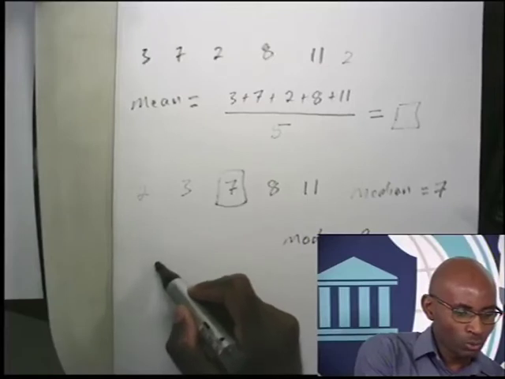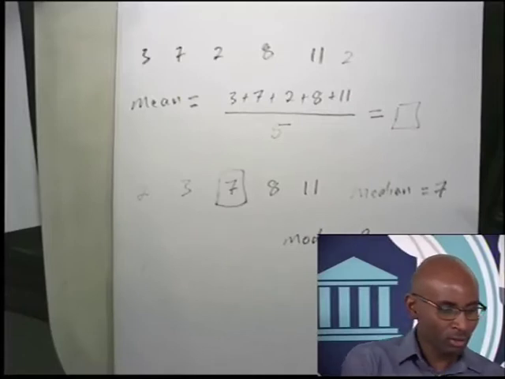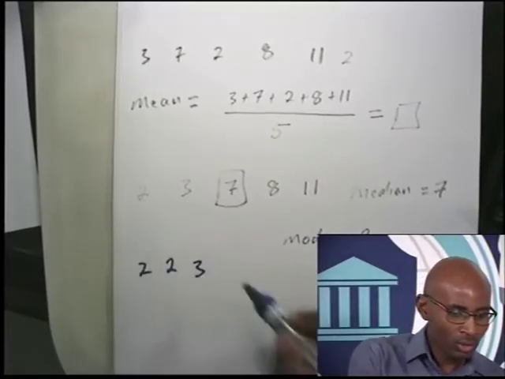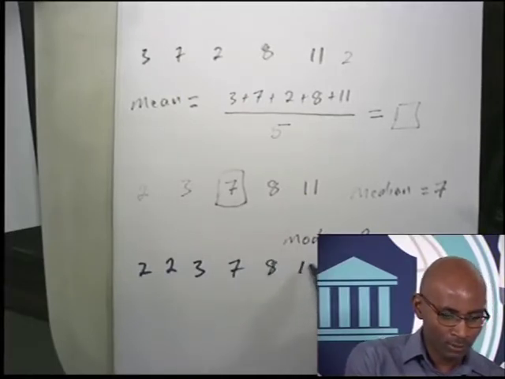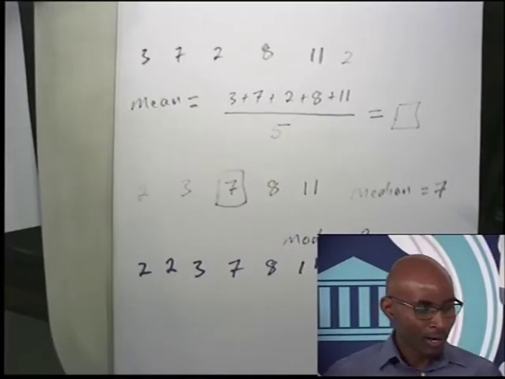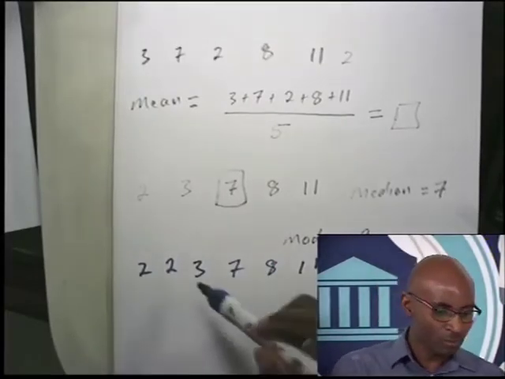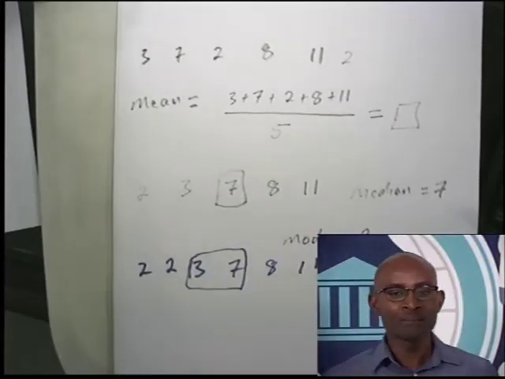we have 2, my marker seems to be misbehaving, then you have 2, 2, 3, 7, 8, and 11. Now, we don't really have an exact middle number in this case, but we have these 2 that are sort of occupying the middle.